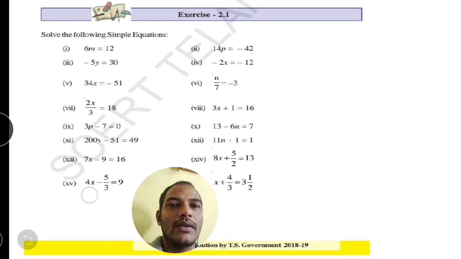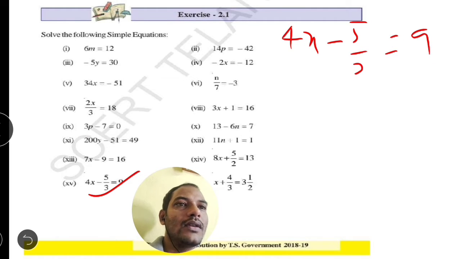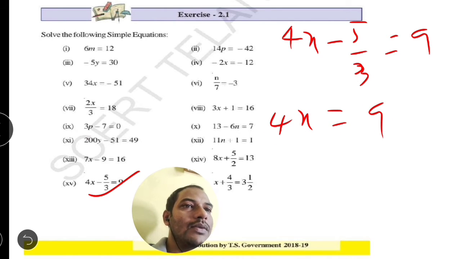So next, 15th problem: 4x minus 5 by 3 equals 9. So 4x equals 9 minus 5 by 3, transposed to the RHS side. So then it is plus 5 by 3.